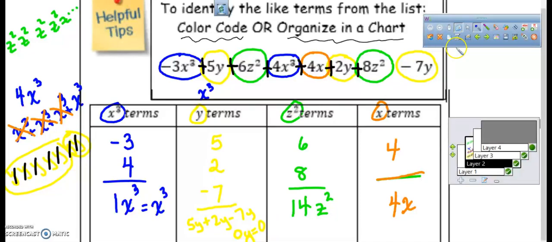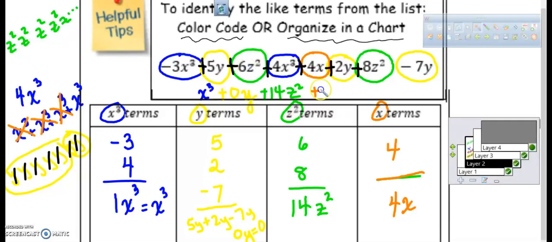You could put in plus 0y if you wanted to see it, but ultimately you would want to put on your algebra big boy pants and simplify that to just nothing, to 0, and drop it. We'll get some practice in doing that a little later. And then plus 14z squared, because that's what our z squareds added up to.